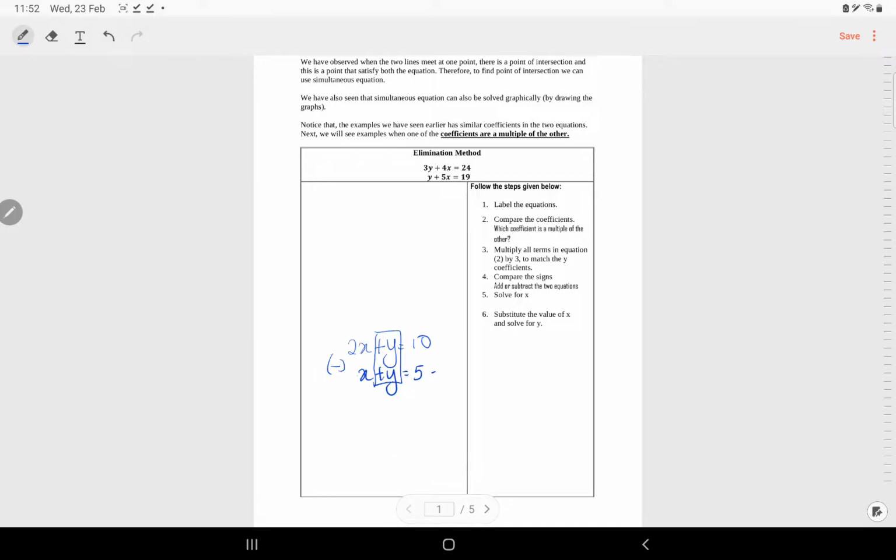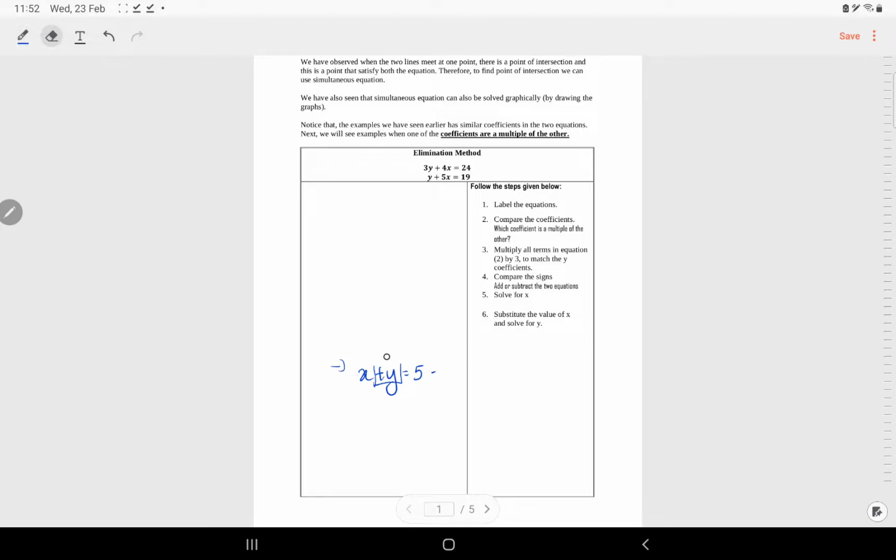All right, so now what we are going to look at are coefficients that are a multiple of each other. If you look at our equations given here, again we're using the elimination method. We do not see any similar coefficient.